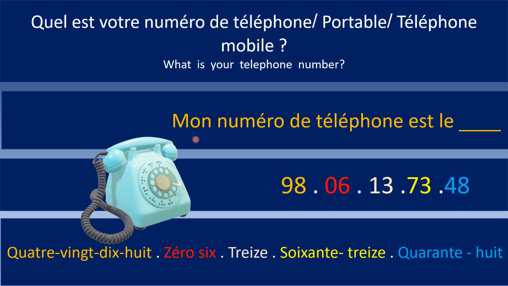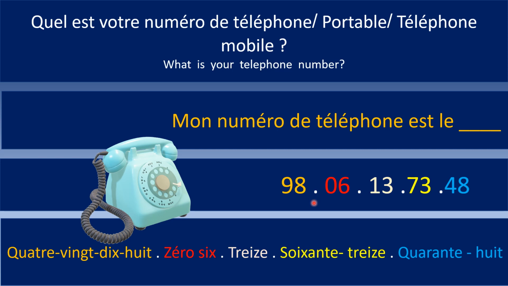Okay, so the answer is mon numéro de téléphone est le. Mon numéro de téléphone est le. And then you write your number, whatever number you have. You can write randomly as well. So I'll just read this number first. You have to remember that we have to give it in pairs. This dot is compulsory.